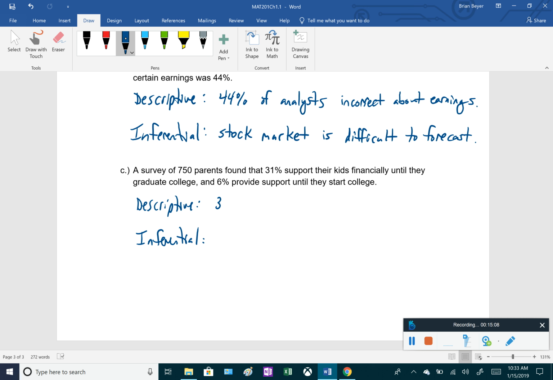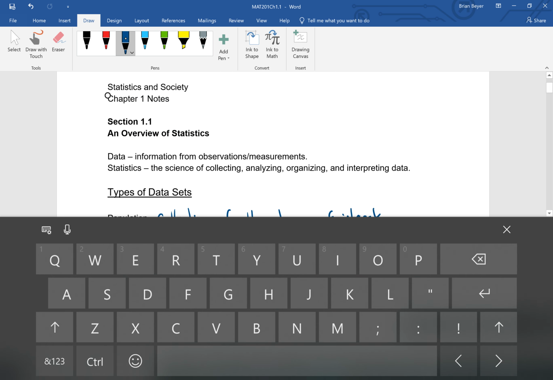So the data says that 31% support the kids until they graduate. And the other portion was 6%. 6% support the kids until they start college.